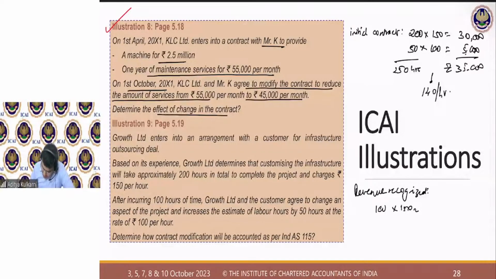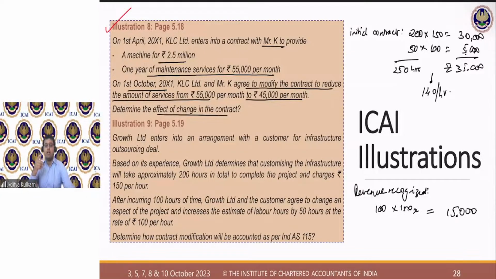So 100 into 150. So that gives you 15,000. This is the revenue which you have already booked.